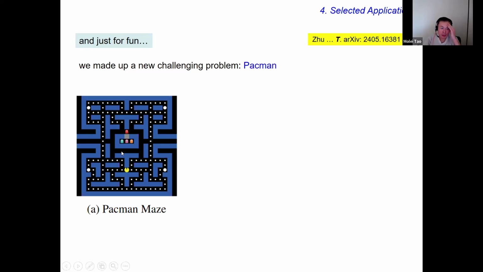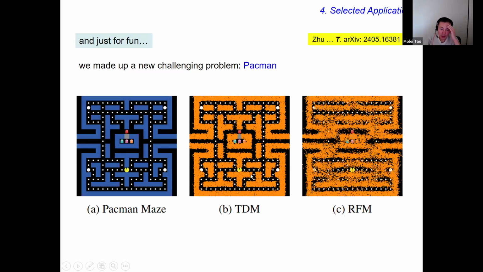The task that we created, a new problem, is to generate the maze of this Pac-Man. What is shown in the middle is a maze generated by our method. The maze basically corresponds to a very complicated probability distribution on the two-torus.